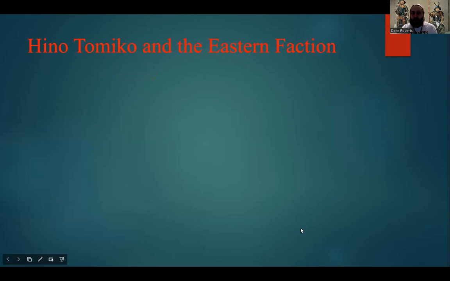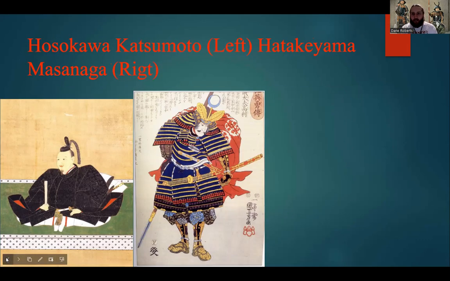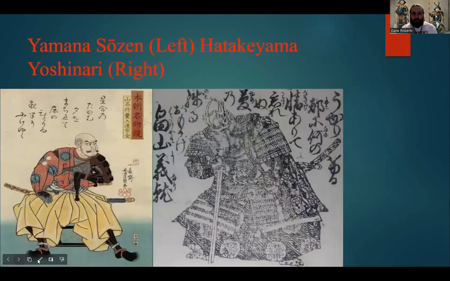And then the Eastern faction was, of course, led by Hino Tomiko, and she turned to several other daimyo, such as Yamana Sozen over here on the left, and Hatakeyama Yoshinari, the brother of Hatakeyama Masanaga, whom you see here on the right.